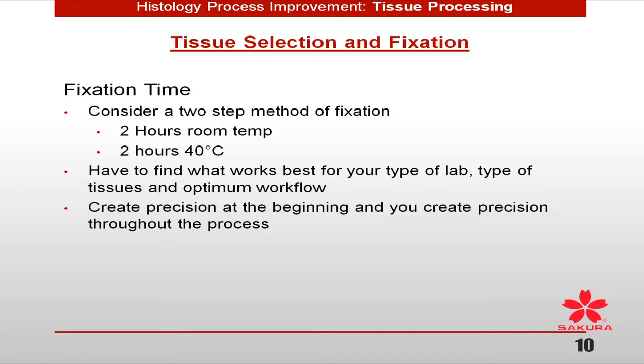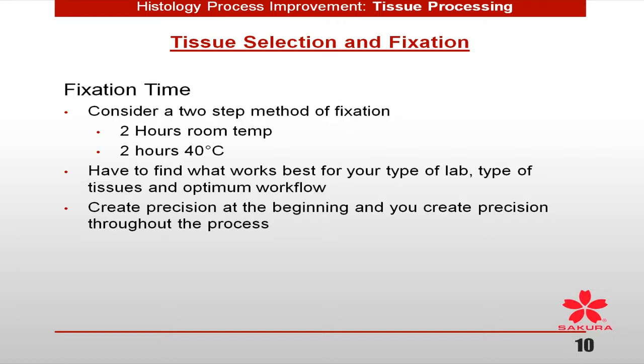So consider that two-step method of fixation, 2 hours of room temp, 2 hours at 40 degrees. What you're doing when you find these times is developing precision and reducing the time that samples will sit passively in solution.